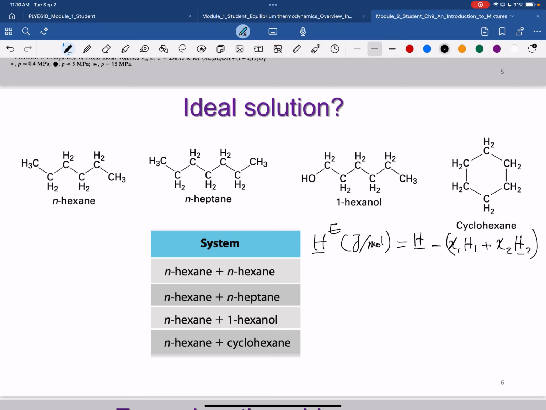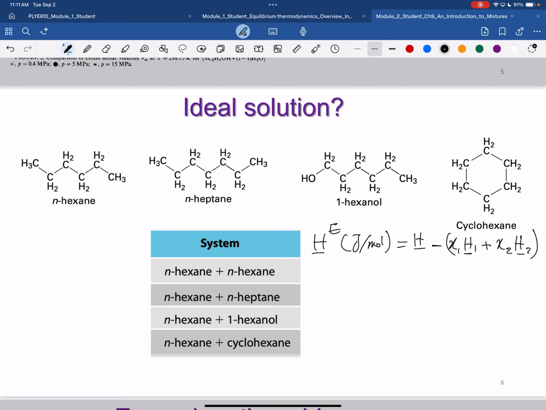Okay? Should be molar. So I mix them in the lab, I measure the enthalpy of my solution, that is H, that's the real enthalpy. Then I also know the pure component enthalpy, so I know how much I have put in my container, so I can calculate this excess enthalpy.